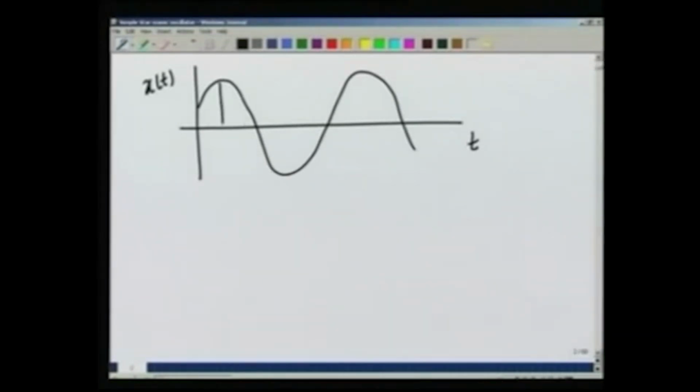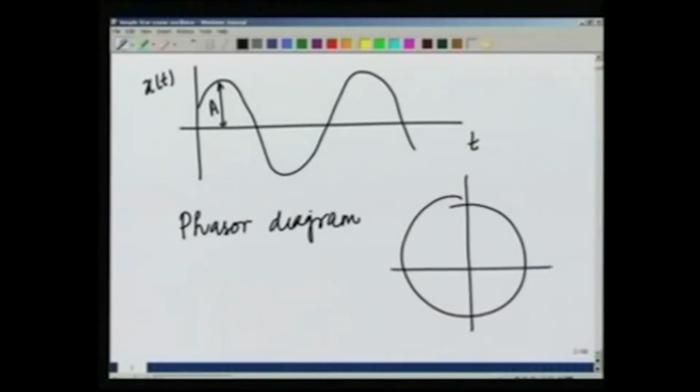This maximum value is nothing but the amplitude, and we also saw how to represent this geometrically using a phasor diagram, where we represented the motion as the x component of a vector rotating counterclockwise. Finally, we also saw how the energy of the system is 1/2 k A square, which is really the sum of the kinetic and the potential energy of the system.